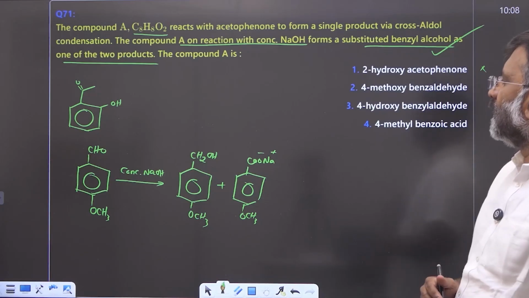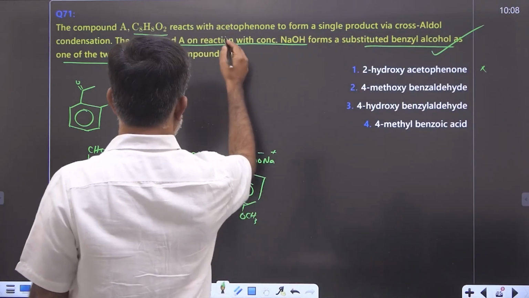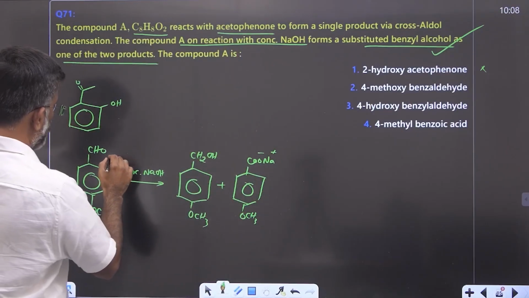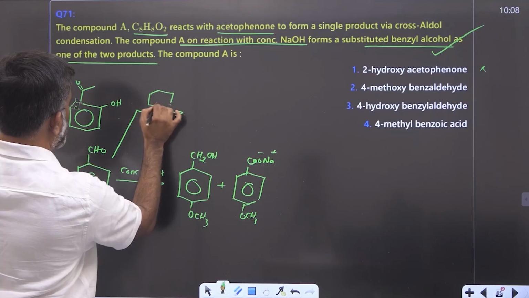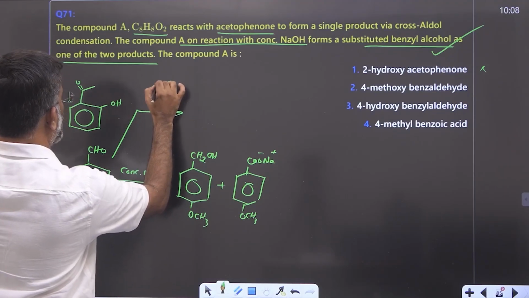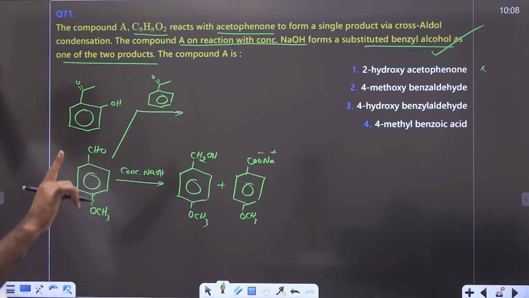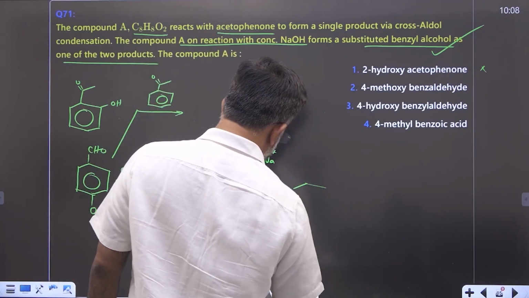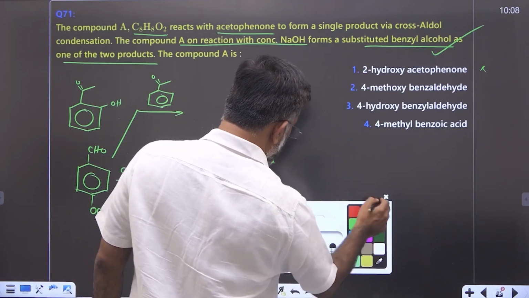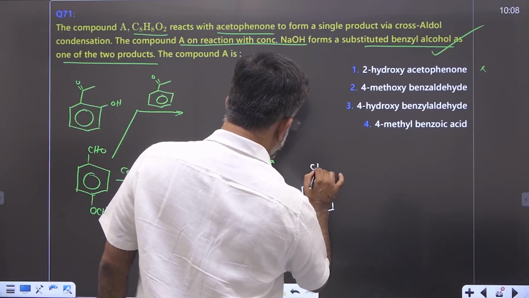4-methoxybenzaldehyde, when treated with acetophenone, there will be a single cross aldol product. Have a look at that reaction. I will write it as a sequence to understand.